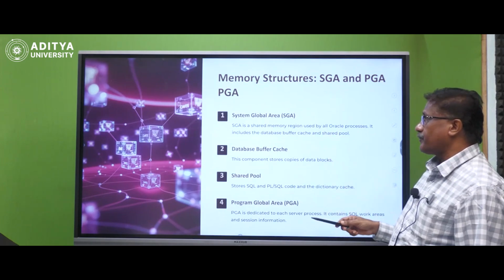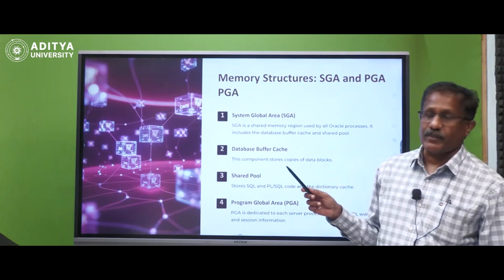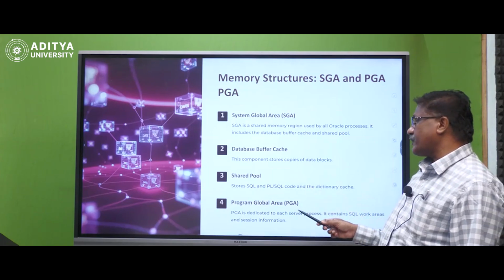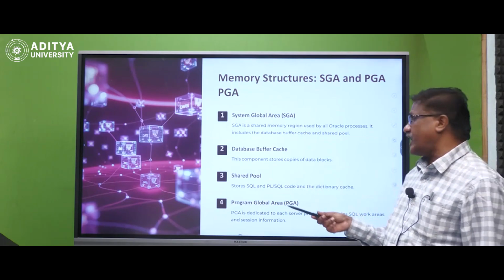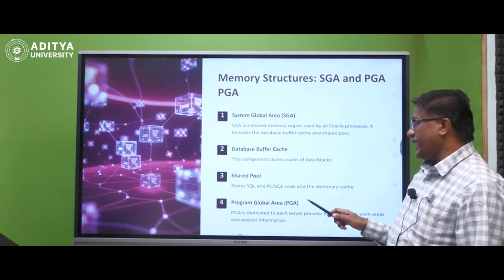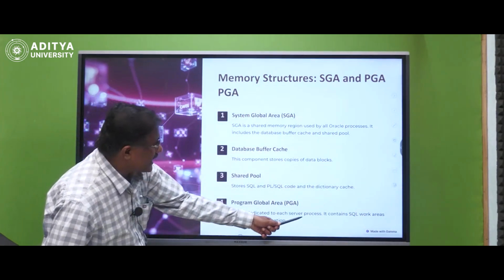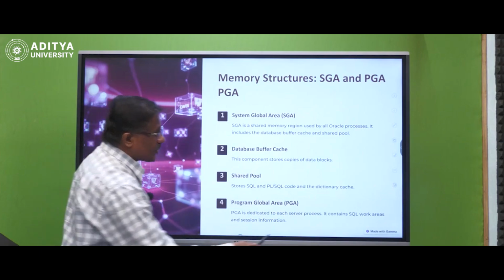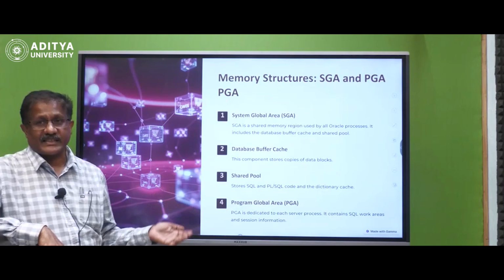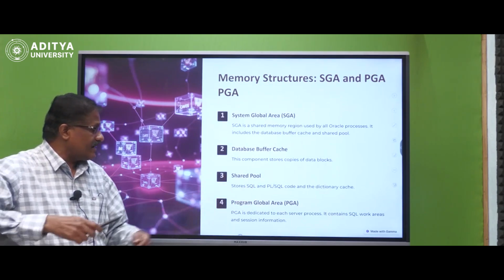The database buffer cache is a component that stores copies of data blocks. Shared pool is where the SQL and PL/SQL code we execute is stored, along with the dictionary cache. But the program global area, PGA, is dedicated to each server process. It also contains SQL work areas and session information, maybe the first session, second session, third session, which the PGA helps us with.